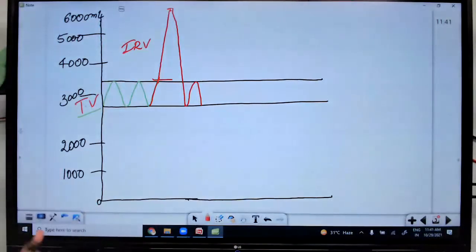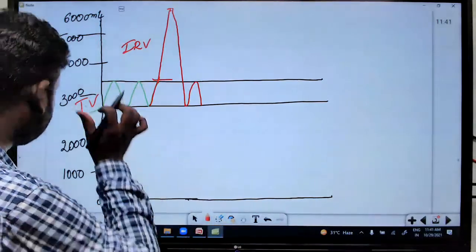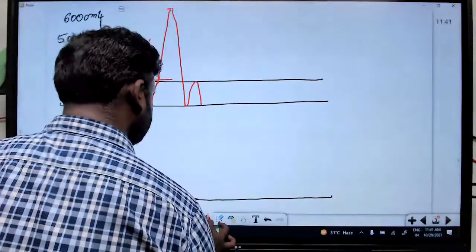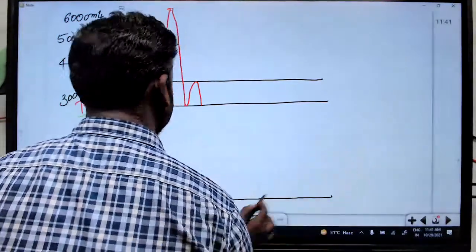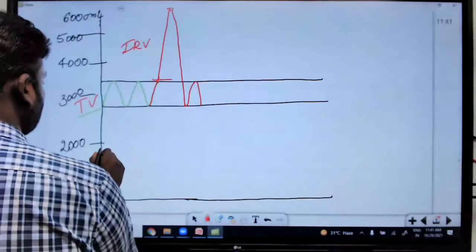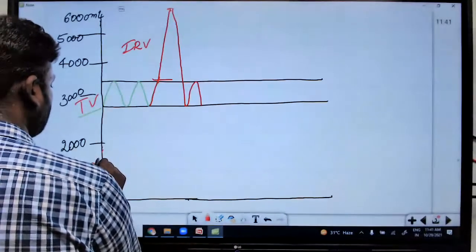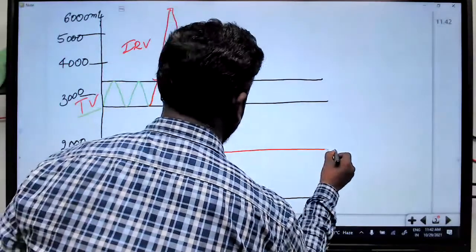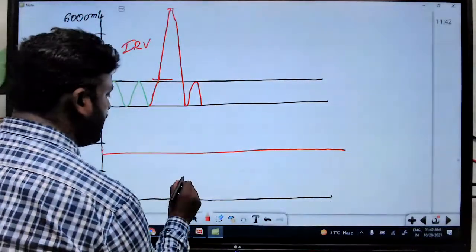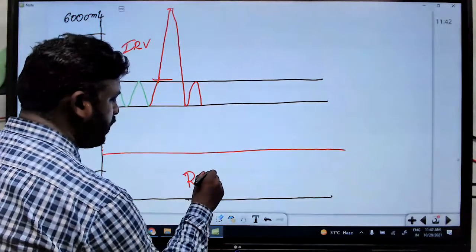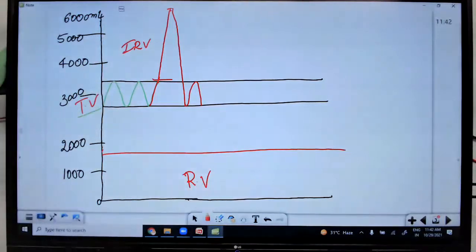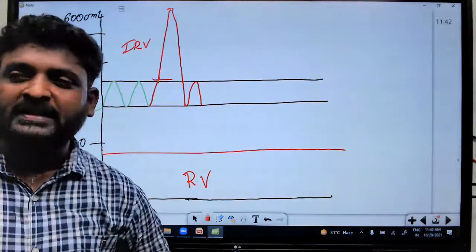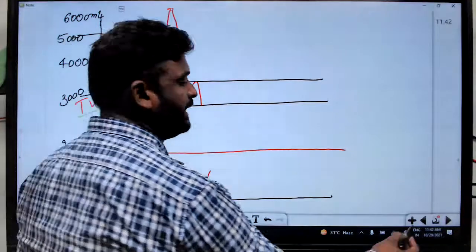Before that, we have to know one thing. Before ERV, we have to know about RV, residual volume, as I taught you earlier.